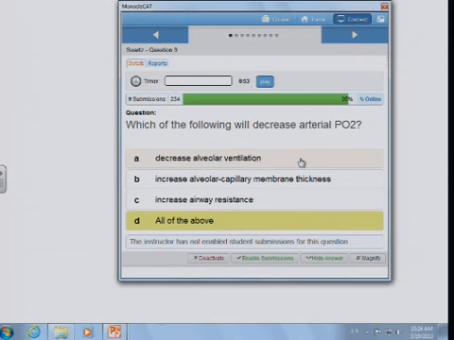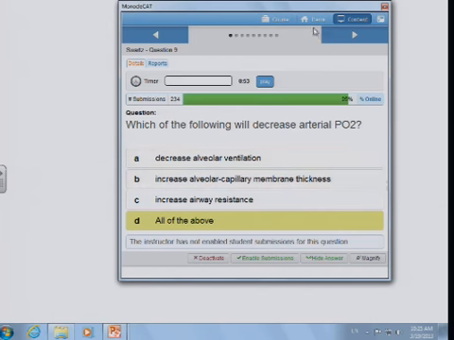So make sure you follow this pathway and these mechanisms all the way through, because these questions can vary, and where it comes into effect is going to be important. I could have mentioned which ones affect alveolar PO2, and therefore this would not affect alveolar PO2, but it does affect arterial PO2. So make sure you understand where this comes into play.